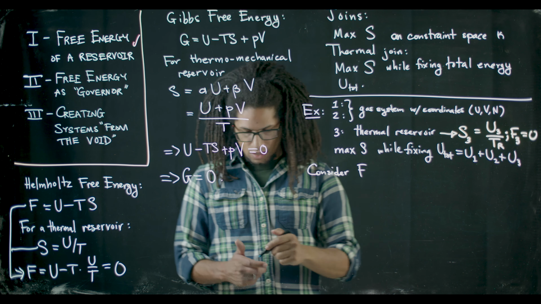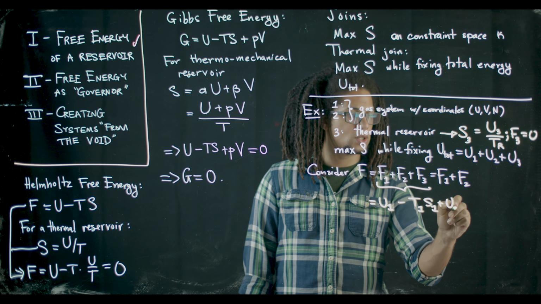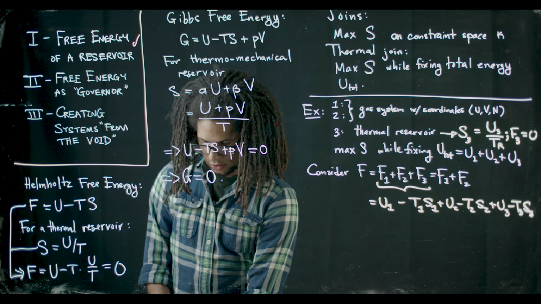So that's going to be one way that we reduce F. Now let me switch colors and we'll think about a different way that we could reduce F. And that is to switch each of F1, F2, and F3 out for its expression in terms of U, T, and S. So this will be U1 minus T1 S1 plus U2 minus T2 S2 plus U3 minus T3 S3. Now let's start reducing this.